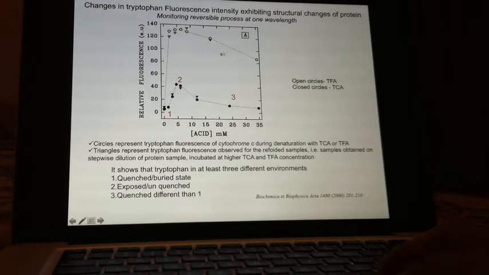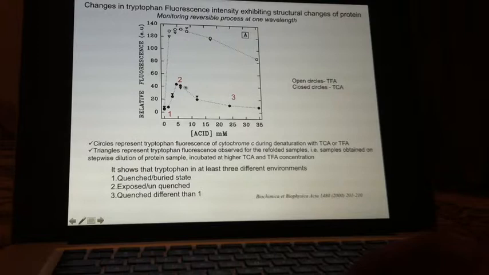If we go further, increasing the acid, the fluorescence intensity of this tryptophan changes again, directly telling us that the environment of tryptophan at this stage is different.